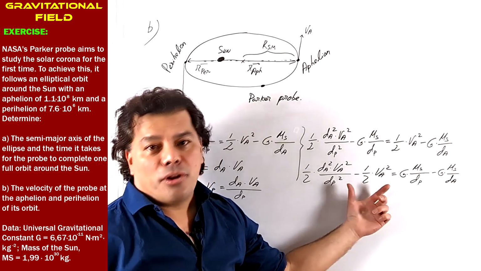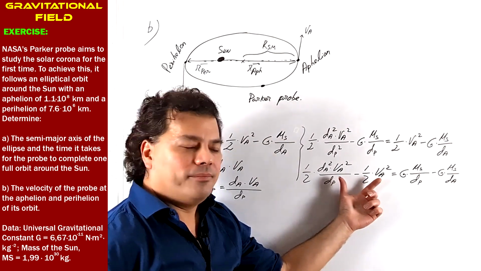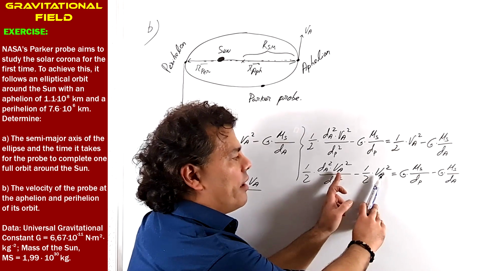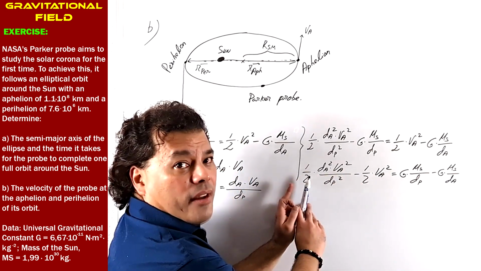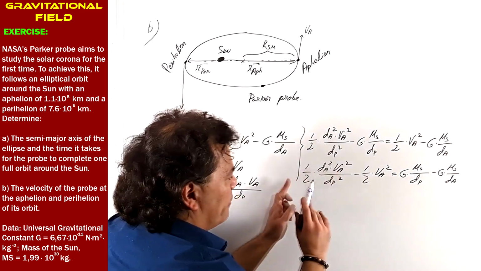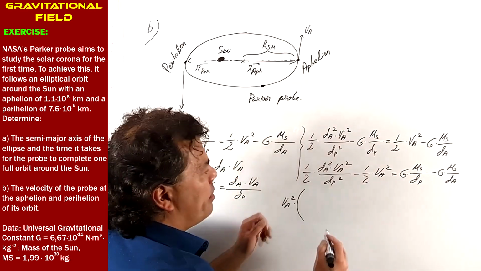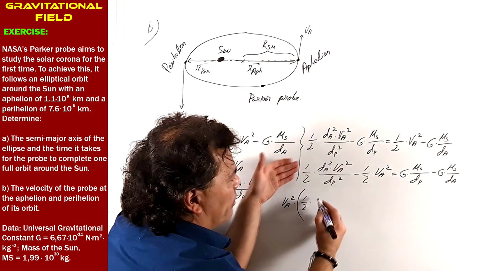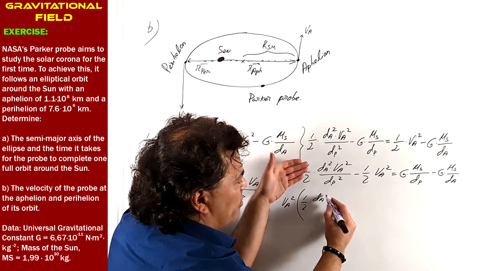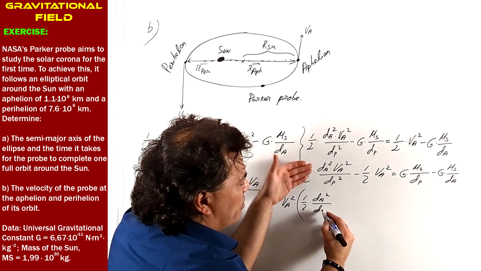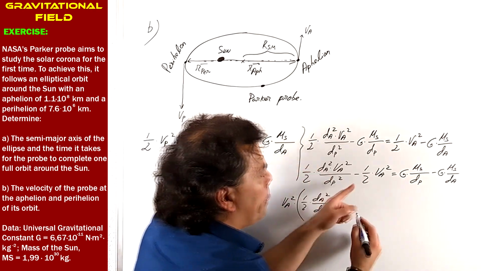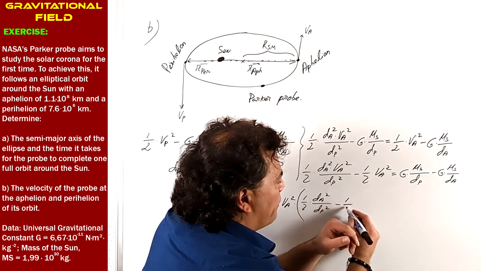In order to solve this equation for Va, it is time to take Va squared out, and we are obtaining velocity at the aphelion squared times 1/2 the distance to the aphelion squared divided by the distance to the perihelion squared, minus 1/2.